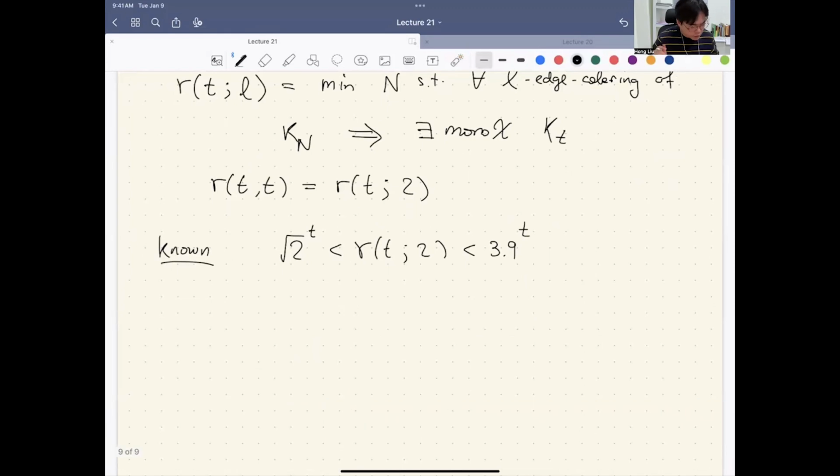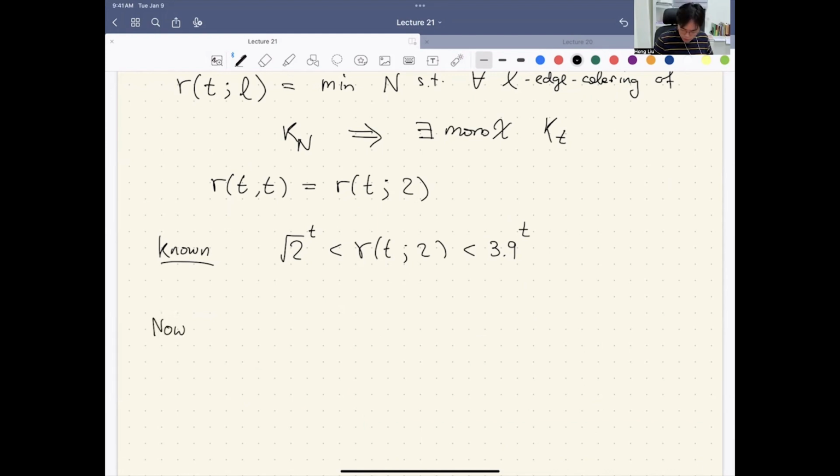So for three-color, let me write it. The best is, maybe let me just directly write it.